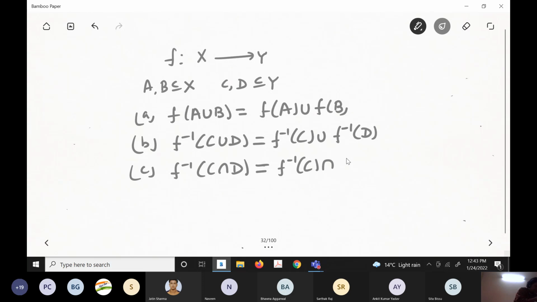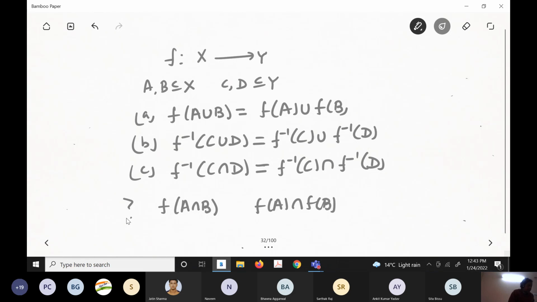They behave nicely. But one thing, f(A intersection B) and f(A) intersection f(B), need not be equal unless f is 1 to 1.